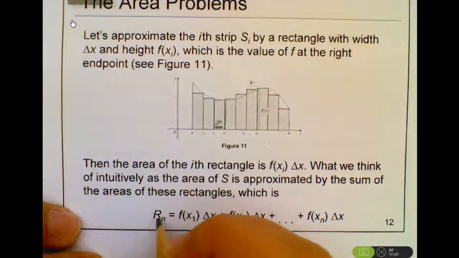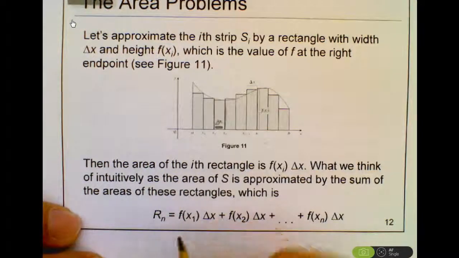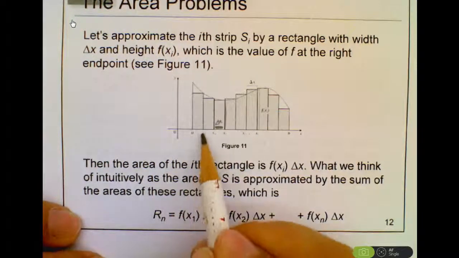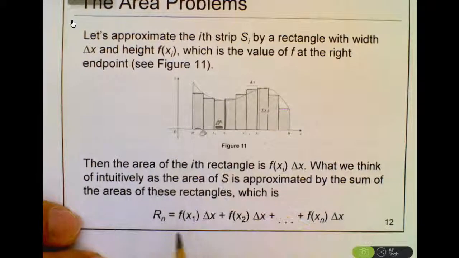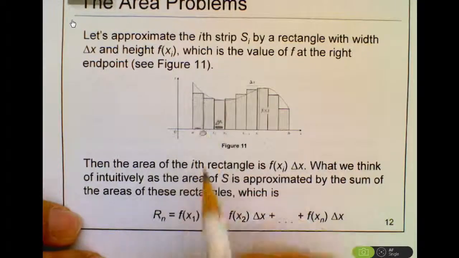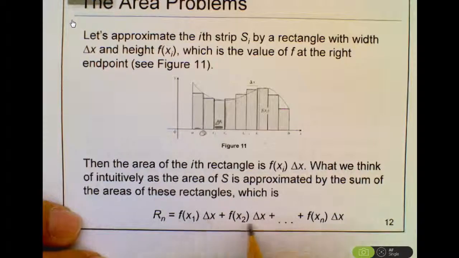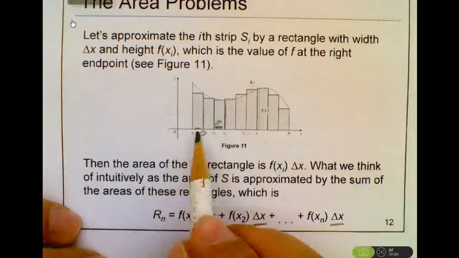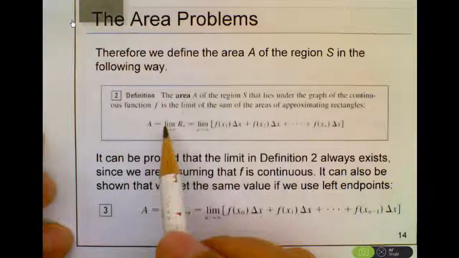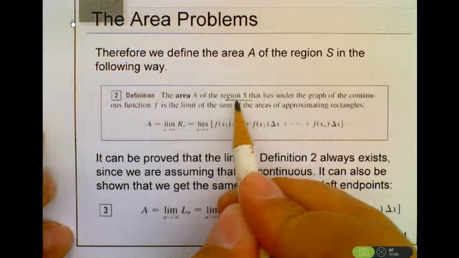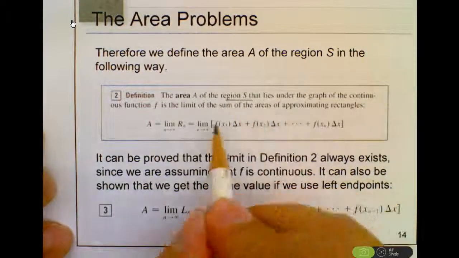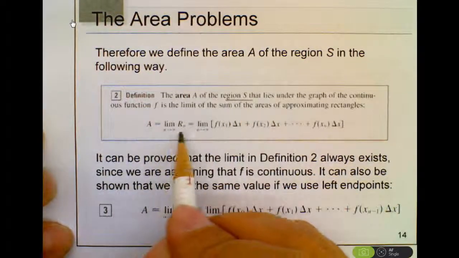So to write the sum of all the rectangles using the right endpoints, for every base I'm using the point on the right, and the height will be f of that x, in this case x sub 1, times delta x. You can notice how this sum has that delta x in common, because we're dividing this interval into equal lengths.